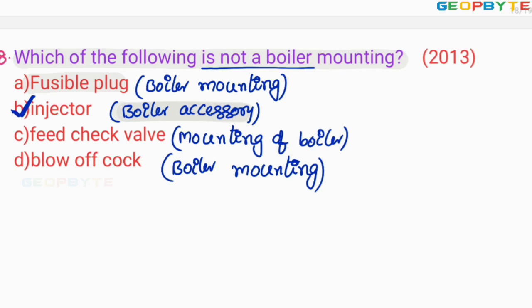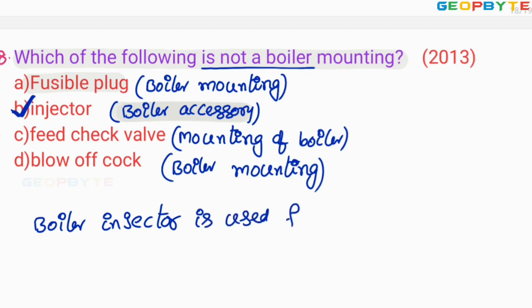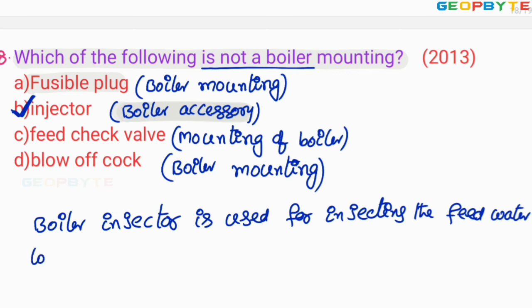Let me write the function of the injector. Boiler injector is used for injecting the feed water to the boiler drum.